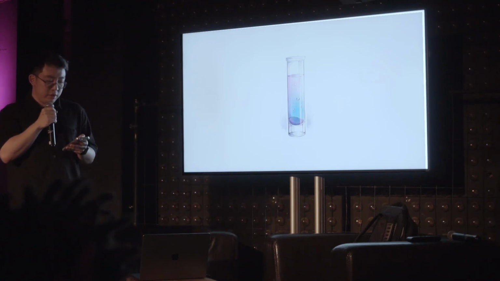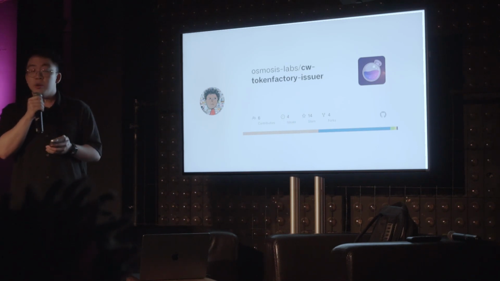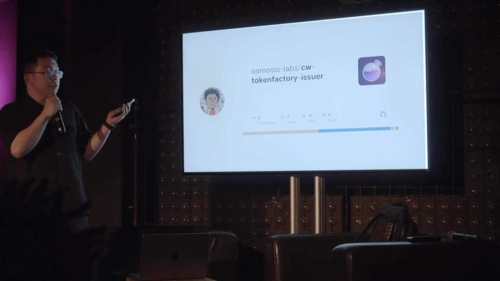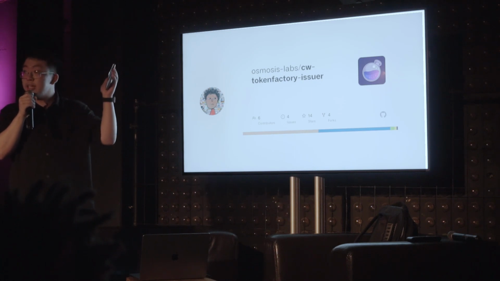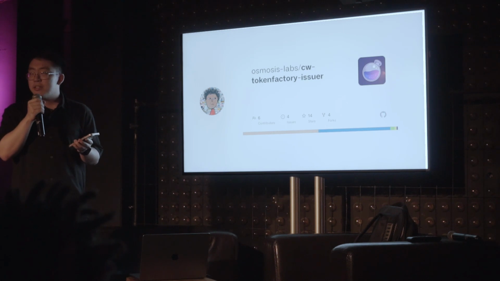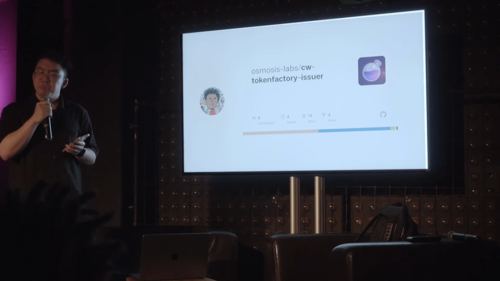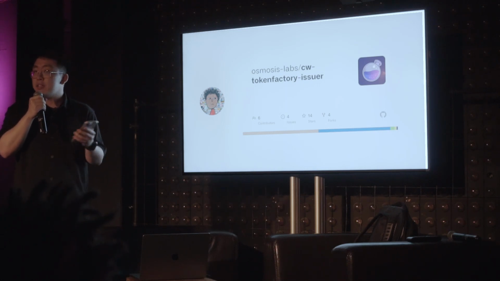So a little bit of background. About a year ago, Sunny was working on this contract, a Token Factory issue. You guys know what the Token Factory module is? Yes? Okay. Token Factory is not really like CW20, where it's a smart contract.